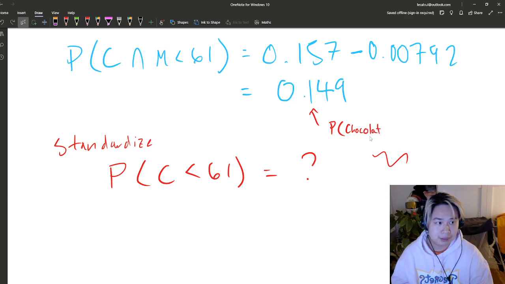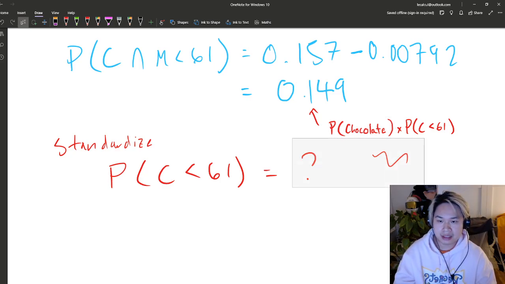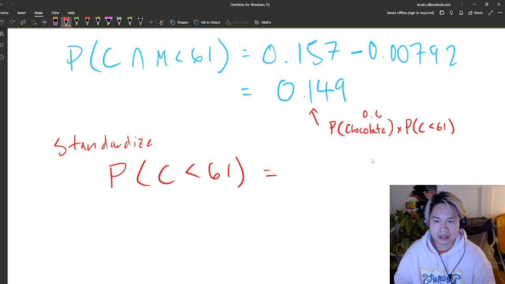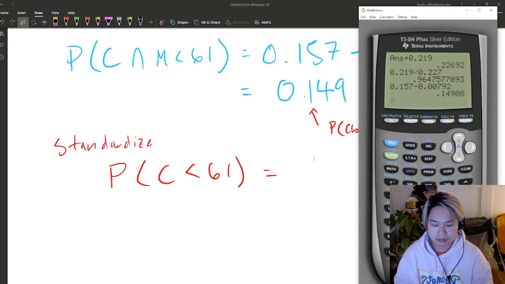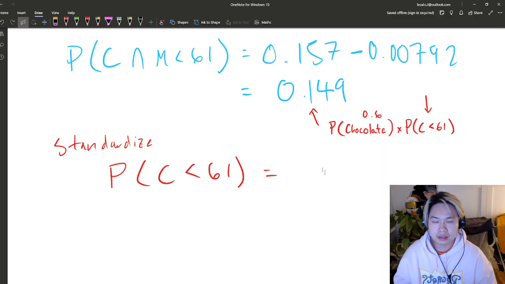This is just me being pedantic, but you can't use C for two different things. And this is the probability of chocolate being less than 61. This still remains the same probability; they didn't say that changed. So I am going to take this one and divide it by 0.6 so that I can get this one. So divide this number by 0.6, and I get 0.248, I guess.